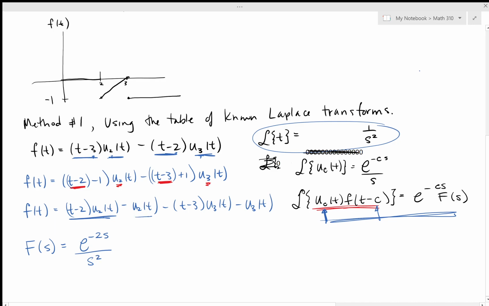And then I have here the Laplace transform of u2 of t, and that is simply directly from the table, minus e to the minus 2s divided by s, and then I do exactly the same thing for this pair right here. So I'll have here minus e to the minus 3s over s squared minus e to the minus 3s over s.